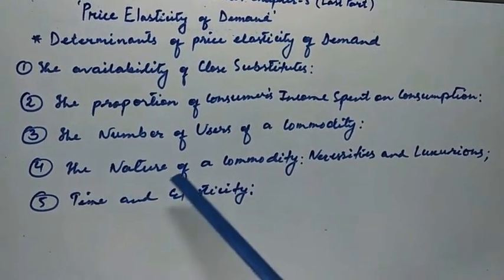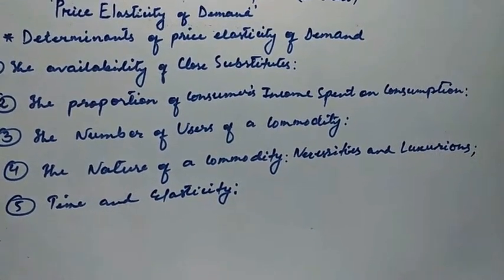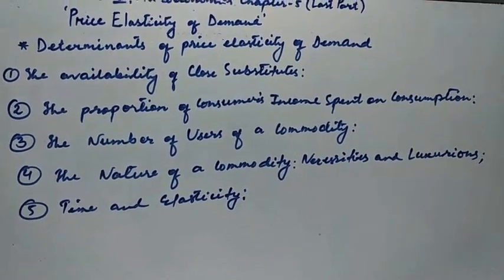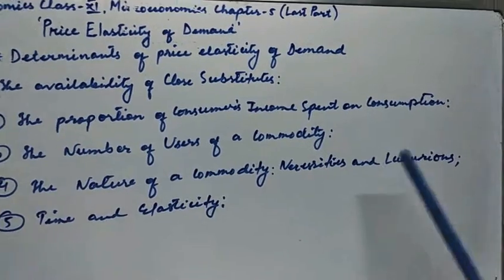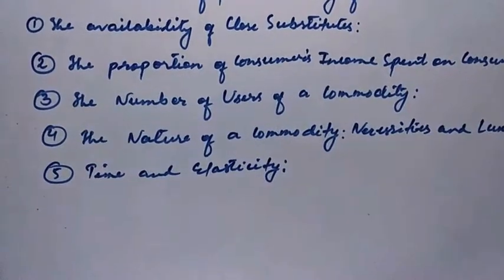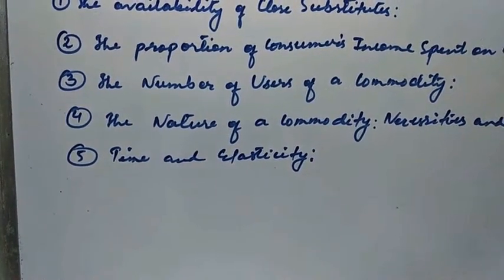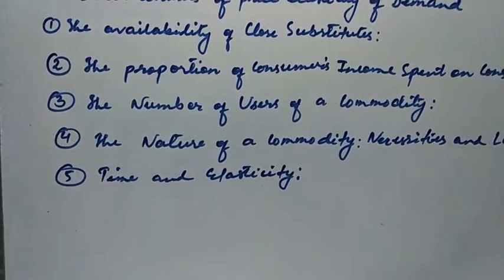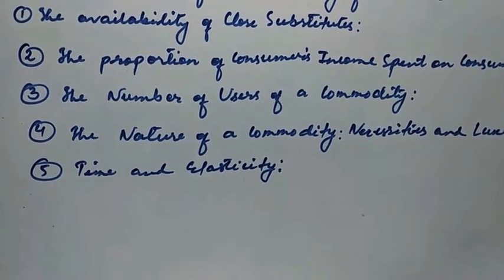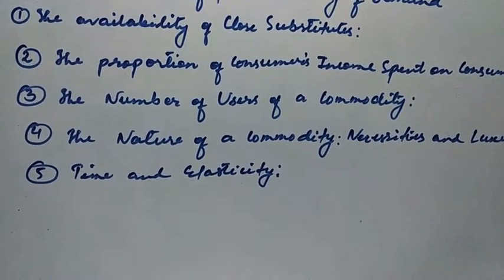The fourth one is the nature of a commodity, that is, between necessities and luxury goods. Between necessity goods and luxury goods, price elasticity also differs. Generally, demand for necessity goods such as food grains and common salt tends to be inelastic because consumers cannot reduce their demand much when their price rises.